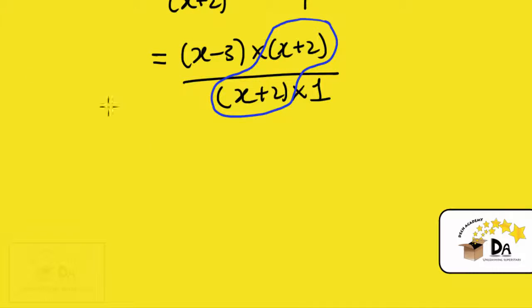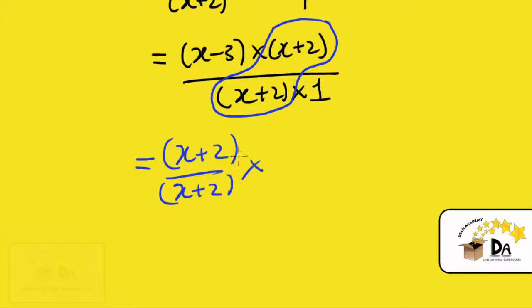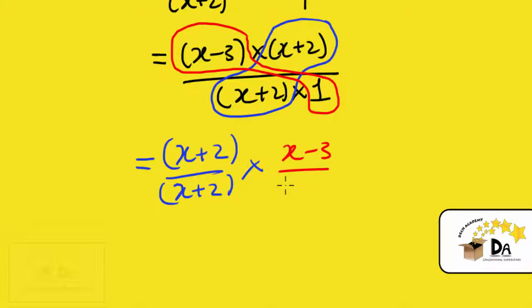This gives a fraction x plus 2 over x plus 2 times the other fraction, which is formed by picking this numerator and 1, which is a denominator term, and this gives x minus 3 divided by 1.